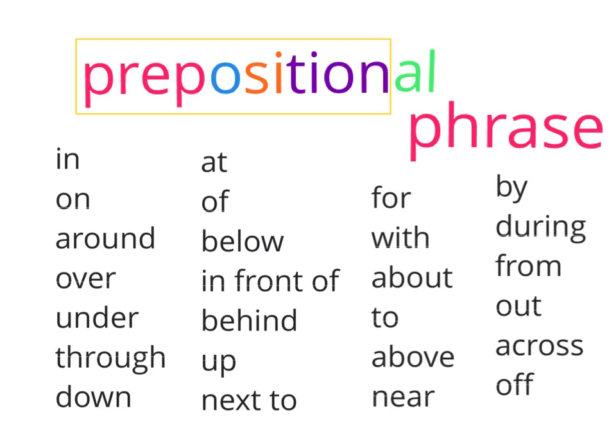Here are some prepositions that we use to begin a prepositional phrase. I'm going to read these. I want you to start getting used to hearing them so that when you see one, when you are reading, you will say, oh, I've heard that before. That's a preposition. So let's look at some of them.